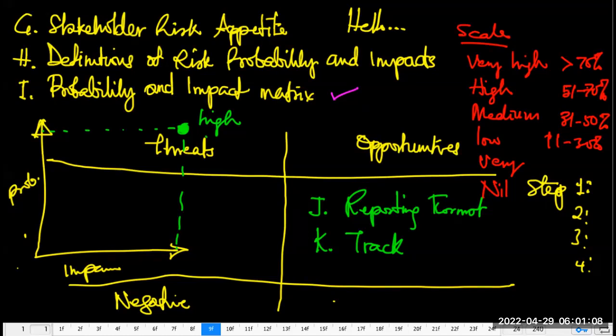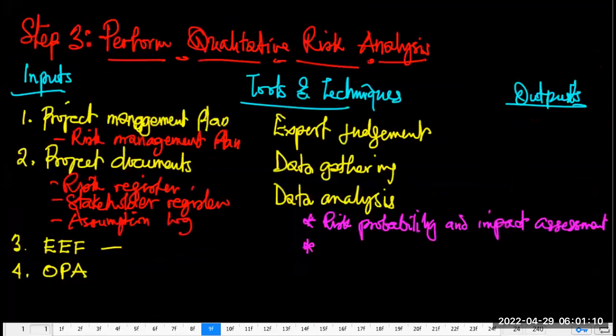So is this qualitative or quantitative? From what we indicated here, it's partly qualitative. There's another one we're going to see other than the probability and impact matrix.